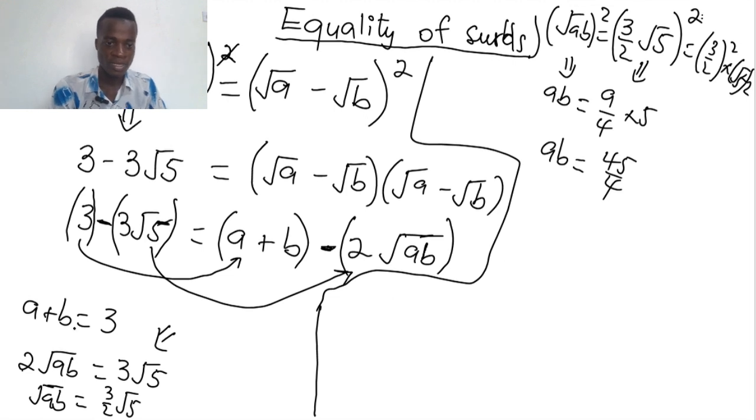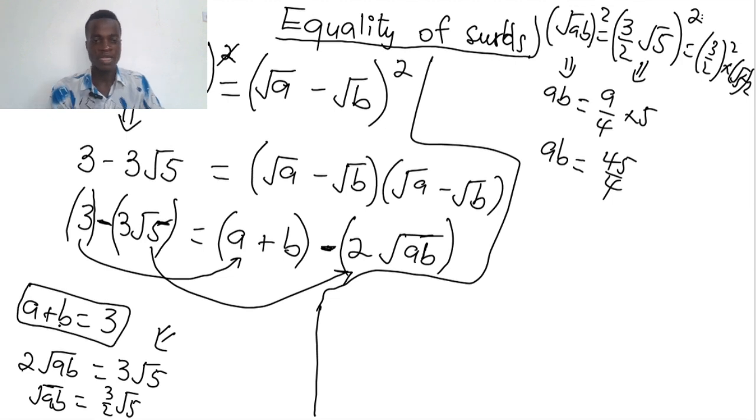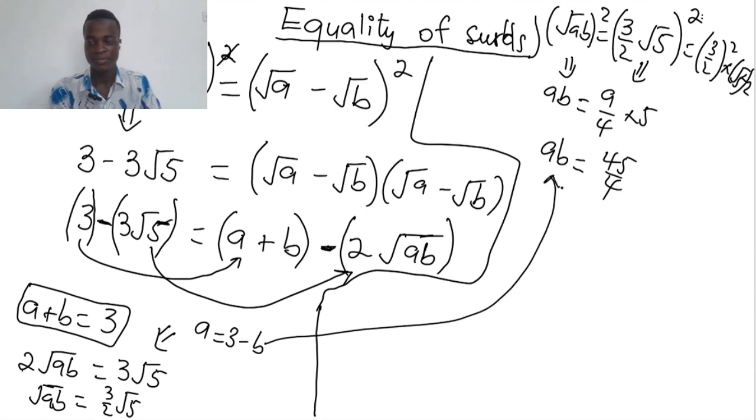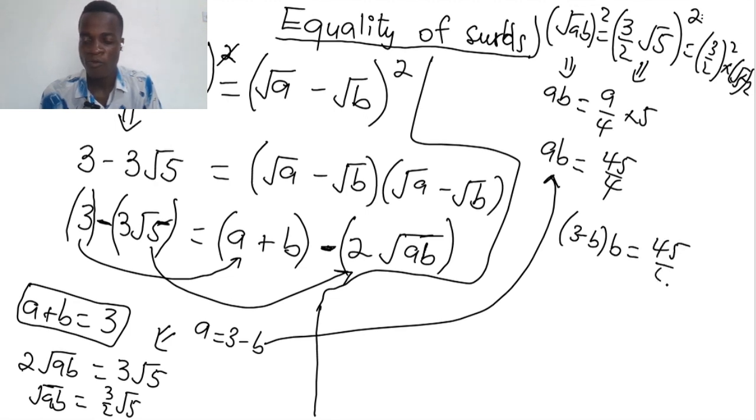But from the previous thing, from a plus b, we know that a plus b is equal to 3. So if a plus b is equal to 3, it means that a will be equal to 3 minus b. Are you fine? So we are going to replace that a into this. In replacing a, we know that a is 3 minus b multiplying b is equal to 45 over 4.